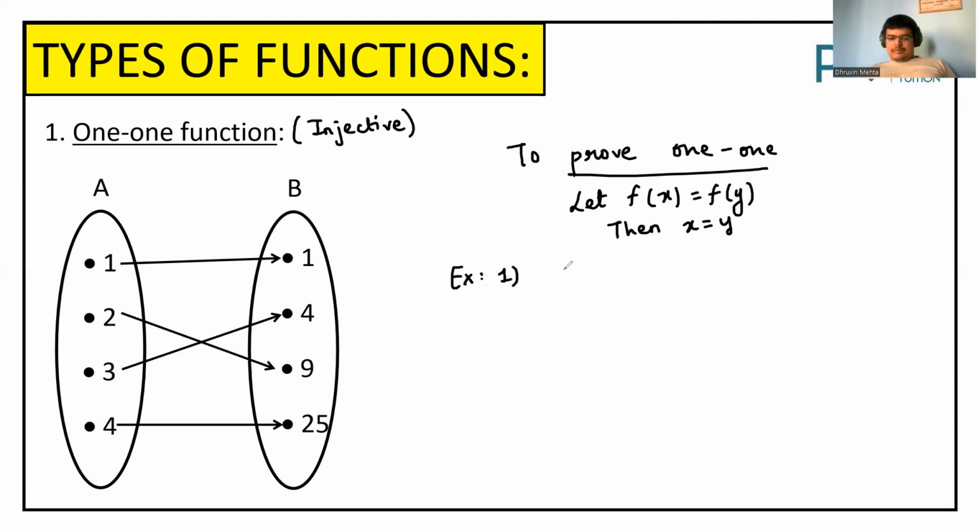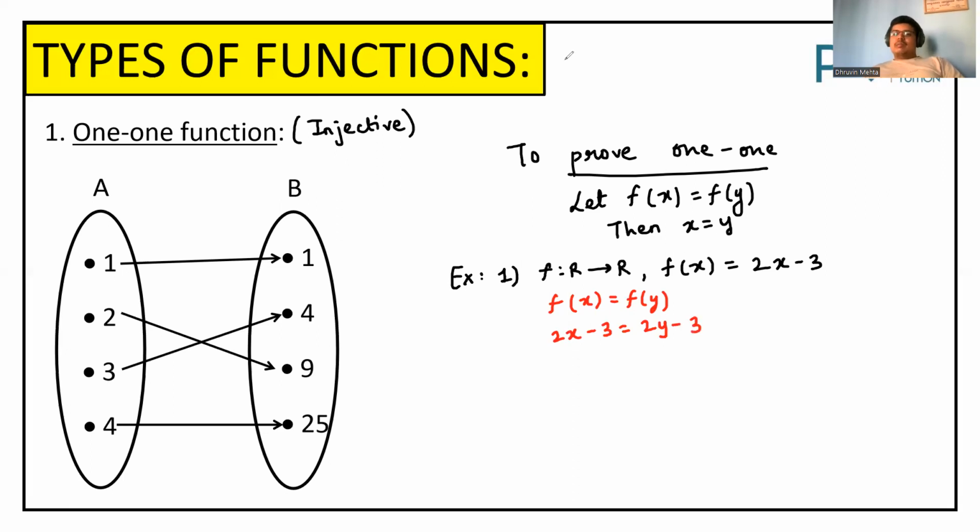Let's say we have a function f from R to R, which is f of x equal to 2x minus 3. So we have to check, like in the MCQ, the options are 1-1 function and other types of functions. So we have to check whether this is a 1-1 function. So how to check? We will start with f of x equal to f of y. So we have 2x minus 3 equal to 2y minus 3.